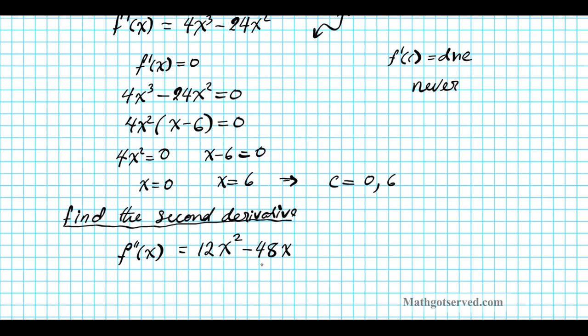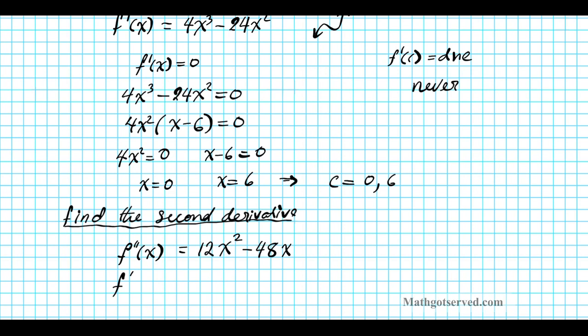So what are we doing with this function right here? We want to find the sign of the second derivative at these two values so that we can know what kind of extrema they are, if they are actually an extrema.